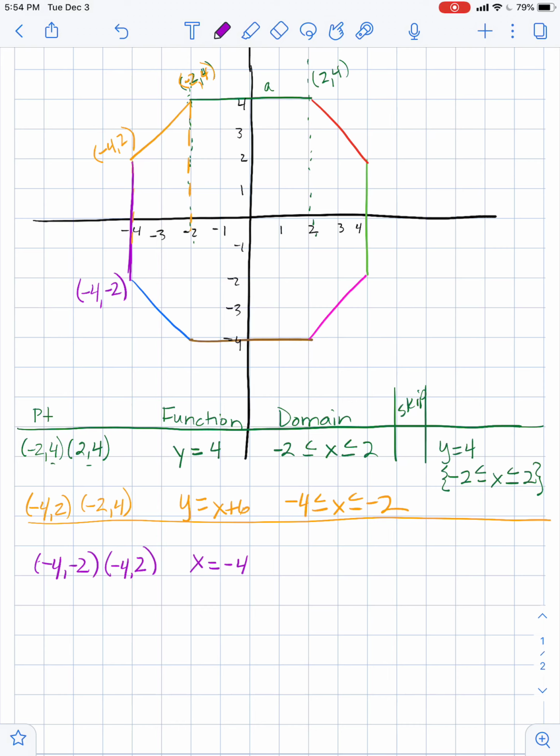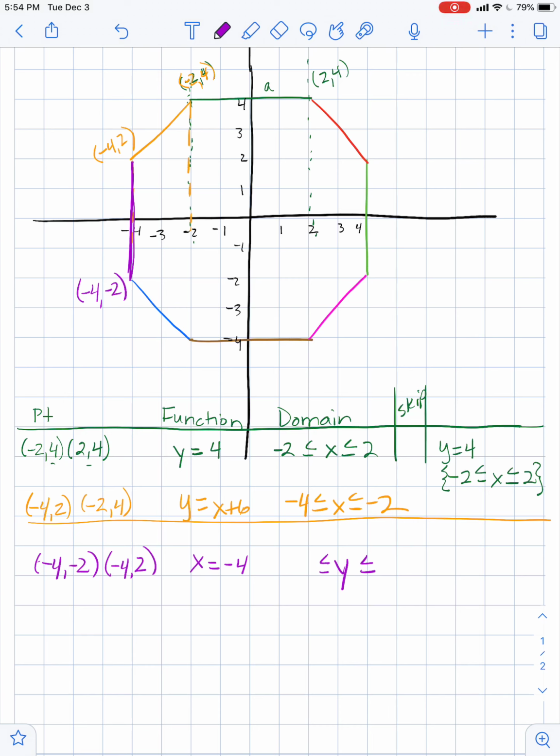Now, the thing that's different about vertical lines versus all the others is that since it is up and down, I don't do a domain restriction. Technically, it's a range restriction. So I'm going to use y. The vertical lines are the only ones we'll use y on.